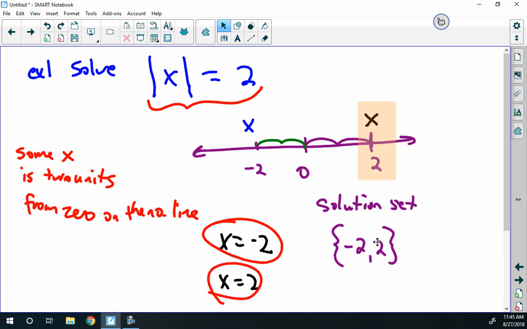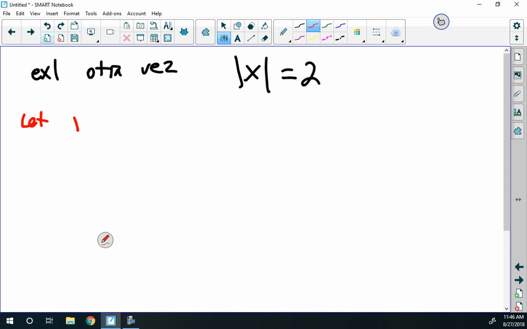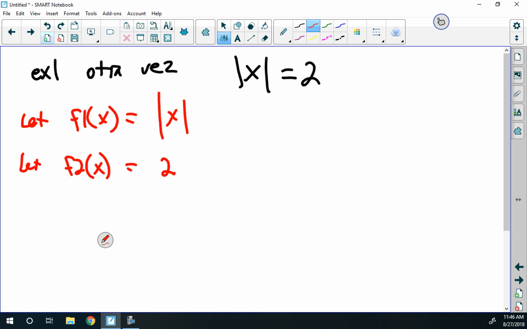Now, if I wanted to solve that again, or as they say in Spanish, otra vez, again, what I could do is let f1 of x equal the absolute value of x, and I could let f2 of x equal 2.